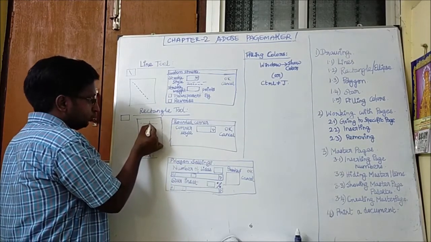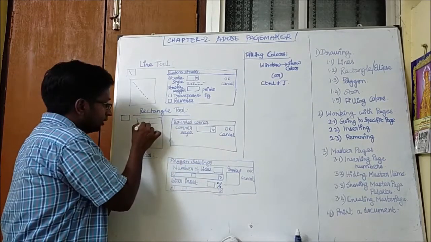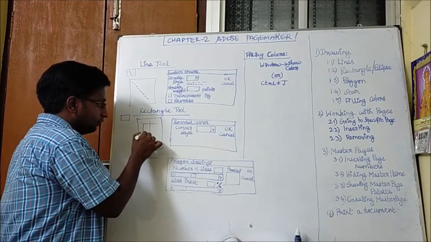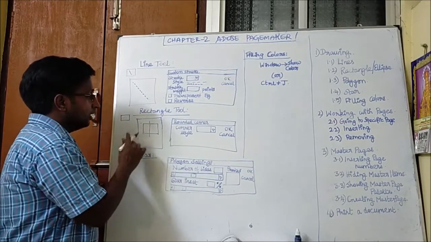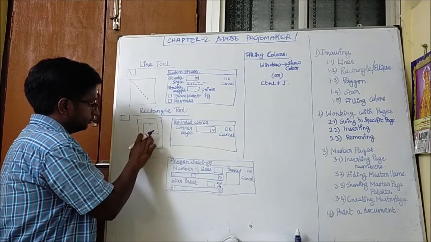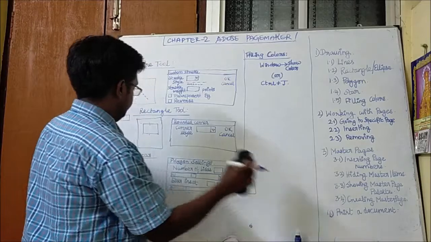For example, 2 cm from the left side means 2 cm from the right side, and again 2 cm from the bottom means the same on this side. Like that it will draw a square. This is how we can draw the square.